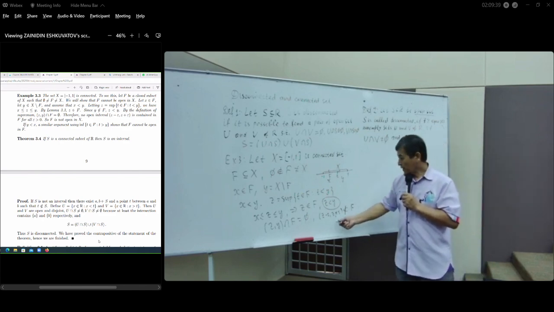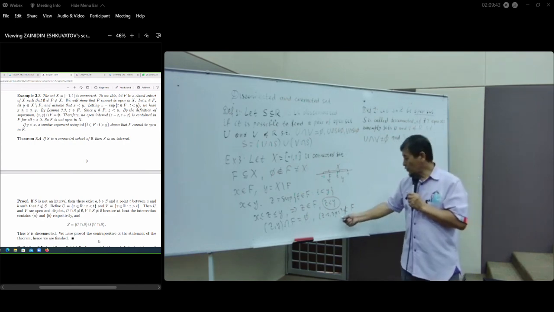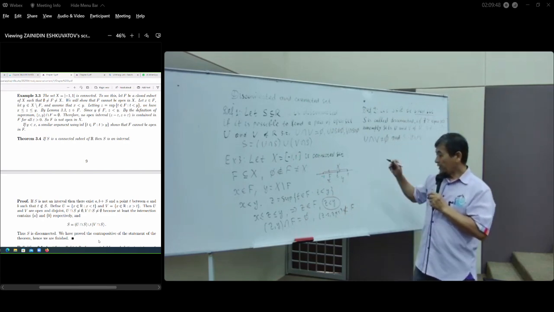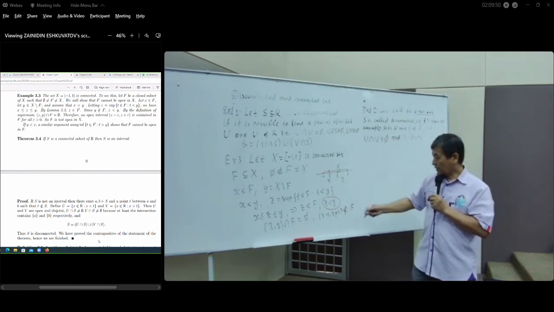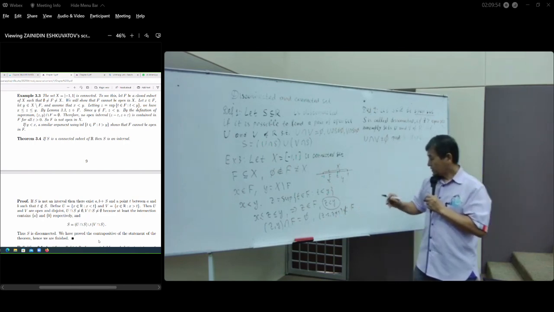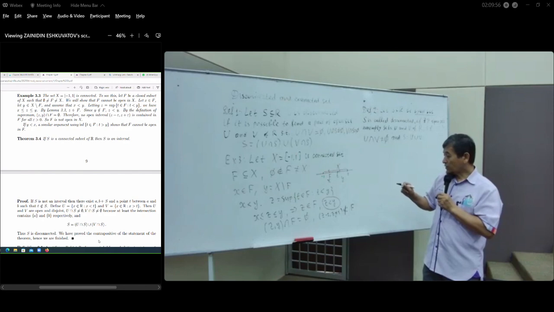So you see, this one shows that Z minus epsilon, this interval, shows that Z is not an interior point of F. It belongs to F, correct, but it is not an interior point.